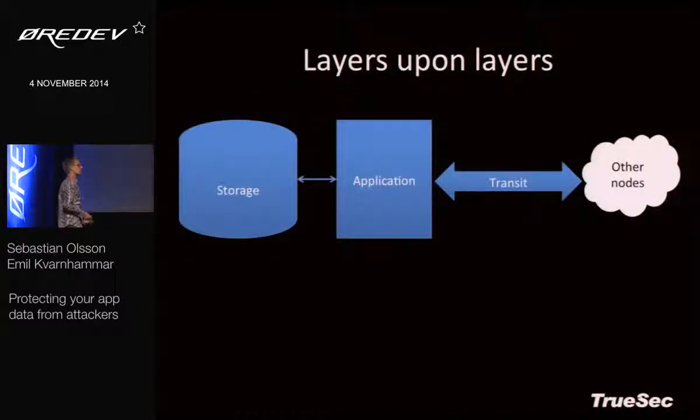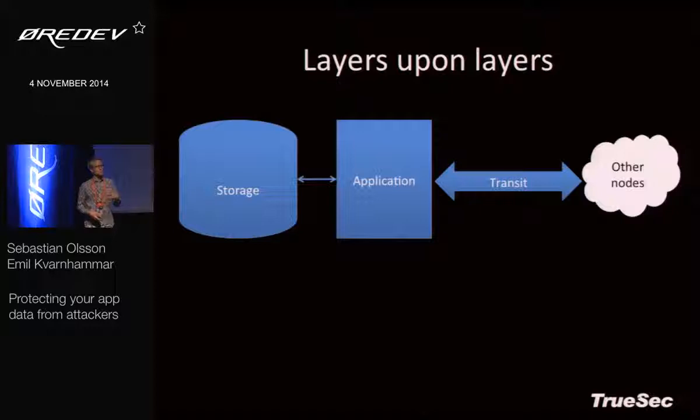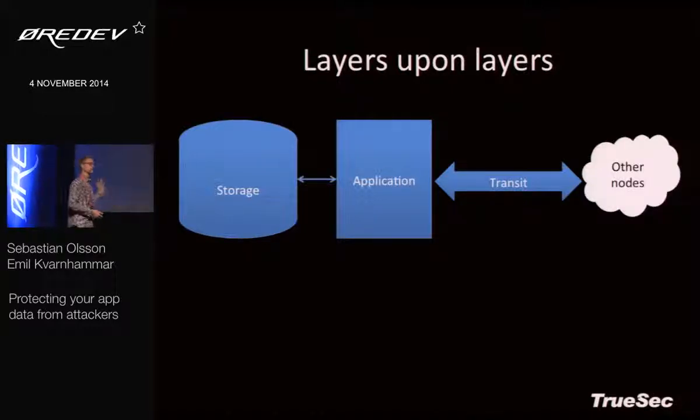And for that reason, we need to see data security in a separate node as something implemented in several layers. We can't only secure the data being stored. We must also secure the data being transmitted and the layer between those two, which is the business interfaces or the business logic processing the data.